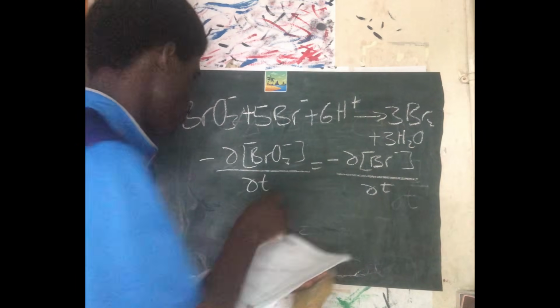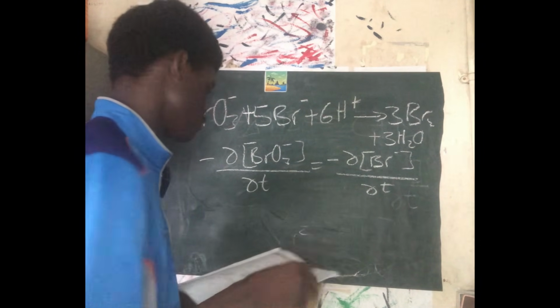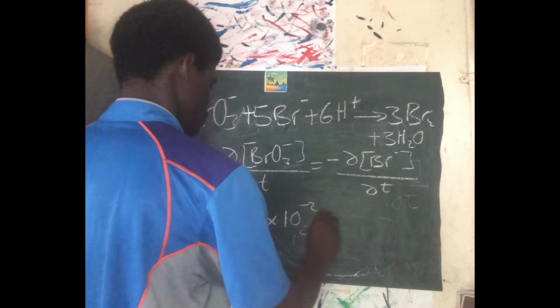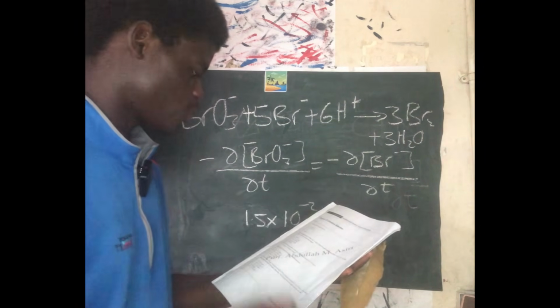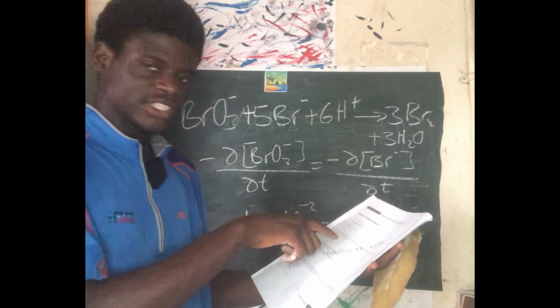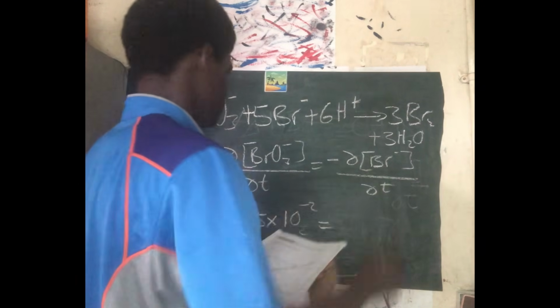They've already given us the one for BrO3 minus, as 1.5 times 10 raised to power minus 2. They now say we should find the minus change in Br over change in t, which is this.